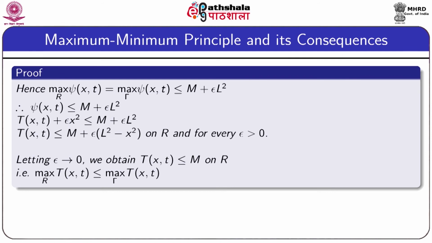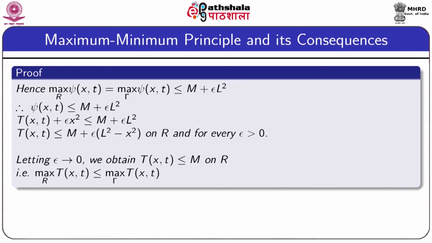That is, the maximum of capital T in the region capital R is less than or equal to the maximum of capital T in the region gamma. In other words, we can say that the maximum value of capital T in the region capital R is attained in the region gamma.